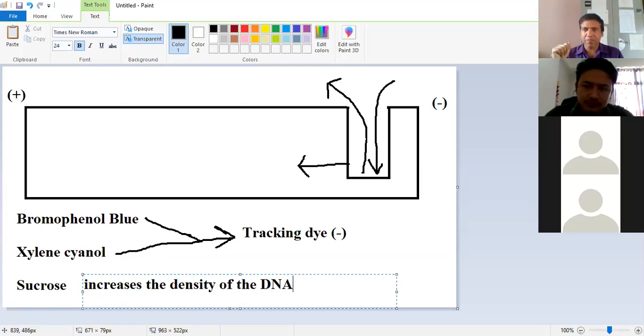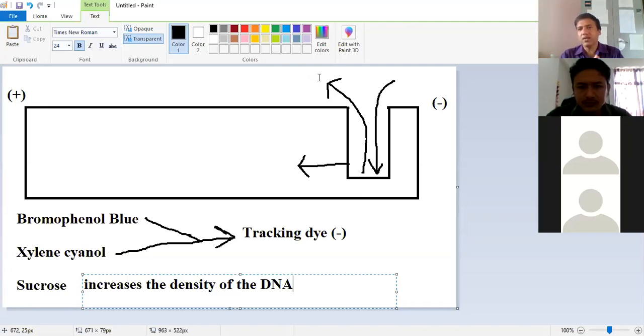What will happen? Supposing that you forgot to add sucrose and you added only this dye. So what will happen? The dye also will not settle down into the bottom of the well. The density of the dye is also very less. So immediately it will come out and it will spread in the electrolyte solution. It will not go to the well.